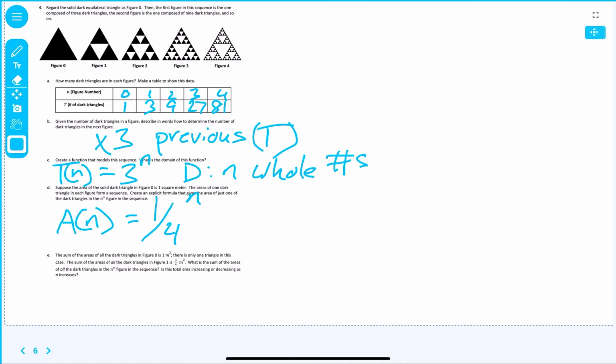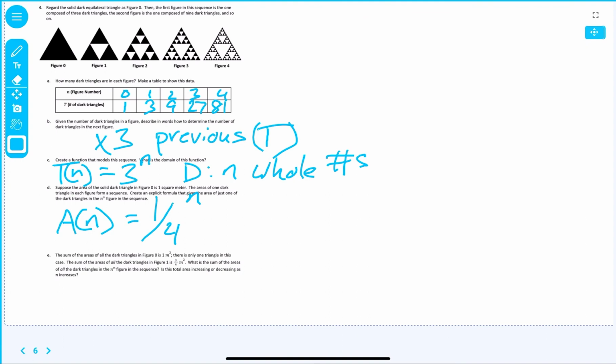Good question. What would the next one be? Well, it's figure 2. So if you plug in 2 for n, what do you get? 1/16. She gets the right answer and goes, ugh. Like it hurt her to get the right answer.